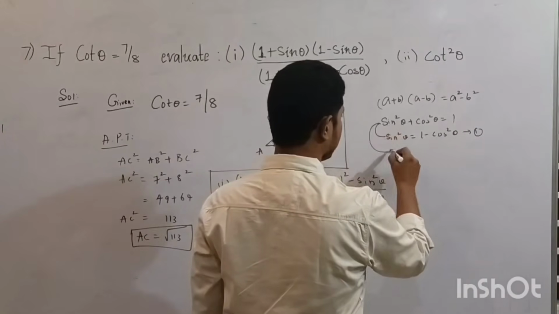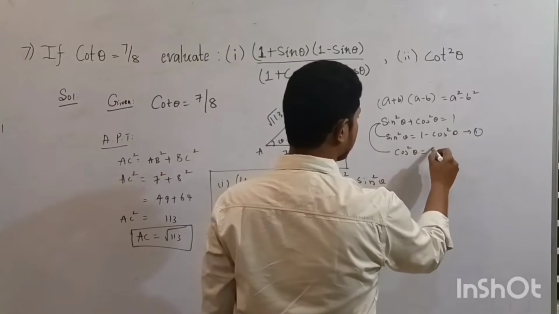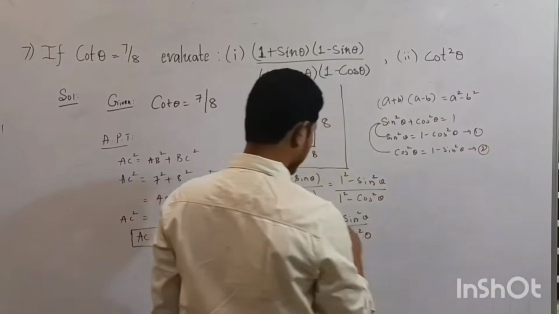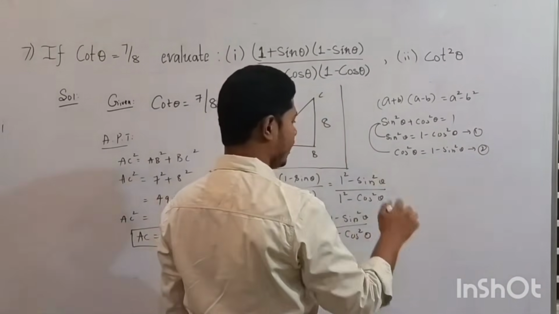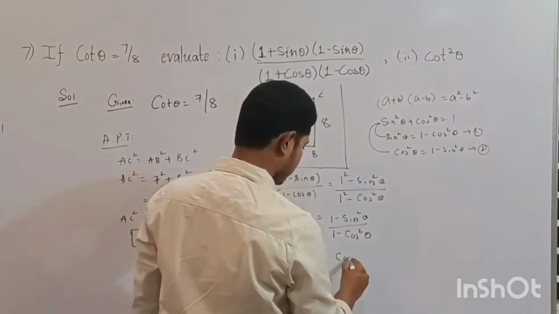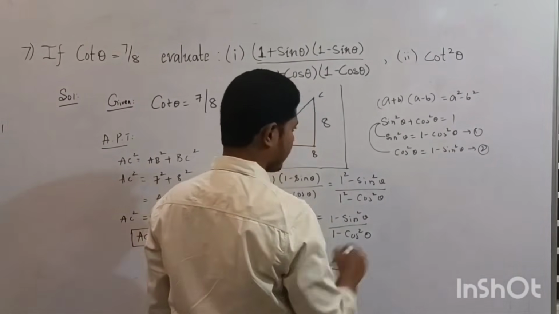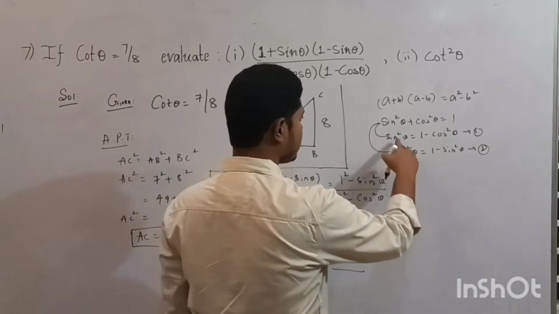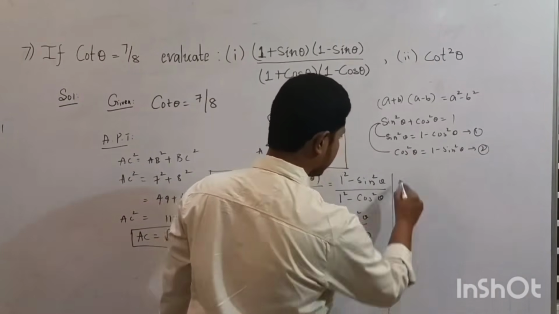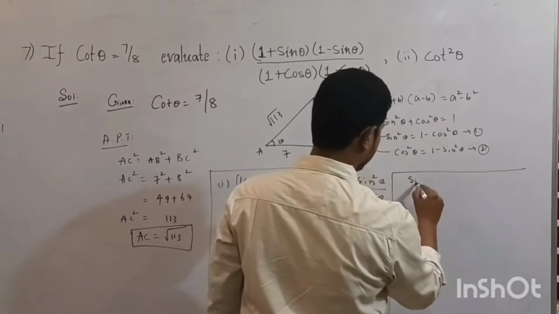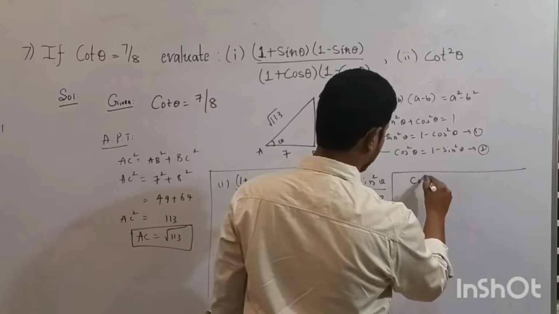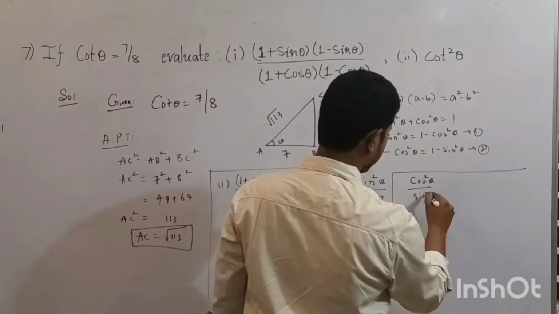Therefore, cos square theta is equal to 1 minus sin square theta, equation number 2. In the numerator, 1 minus sin square theta, I will write cos square theta in its place, by, here 1 minus cos square theta is equal to sin square theta. Therefore, cos square theta by sin square theta.